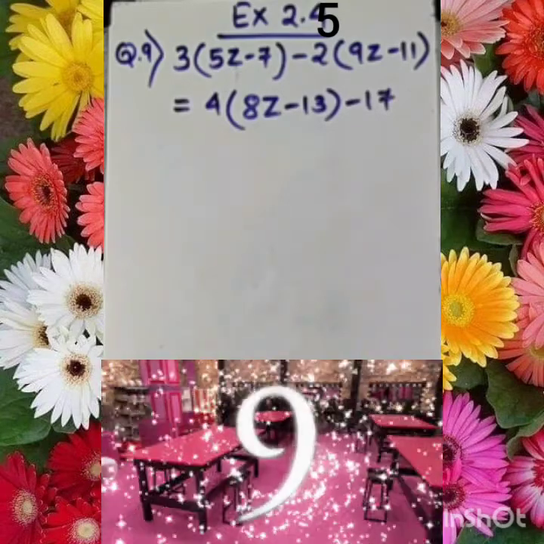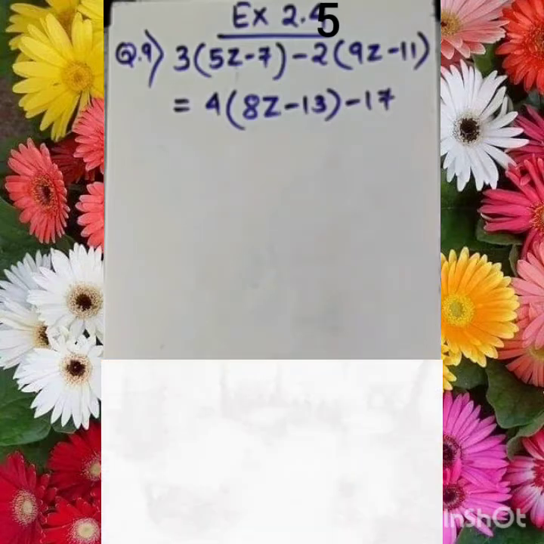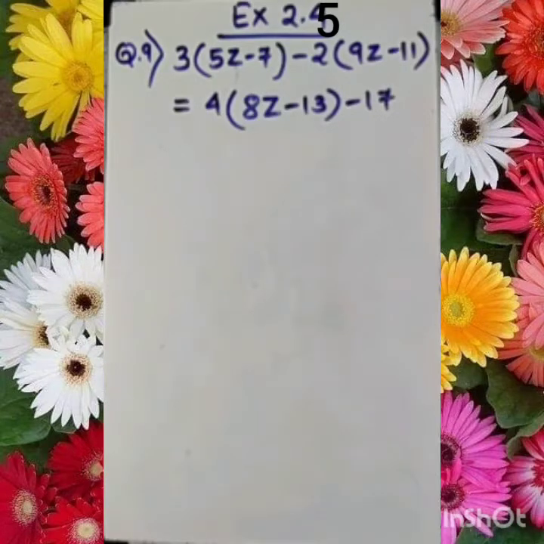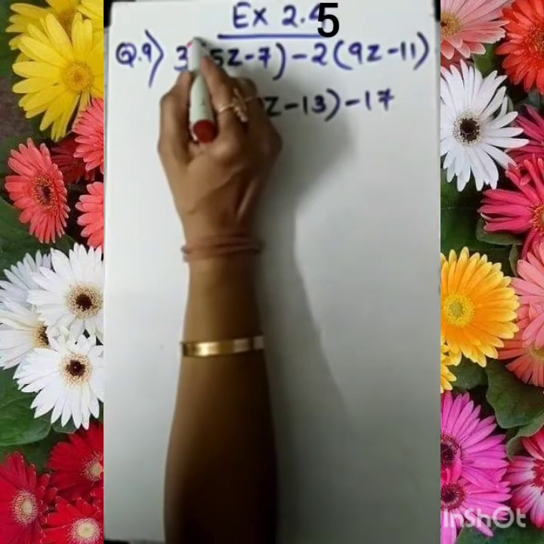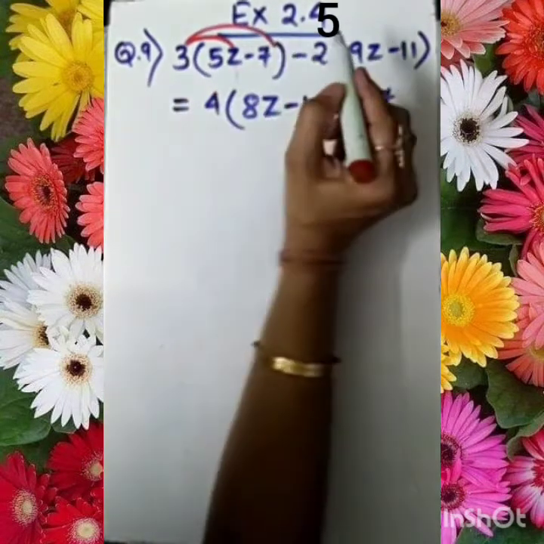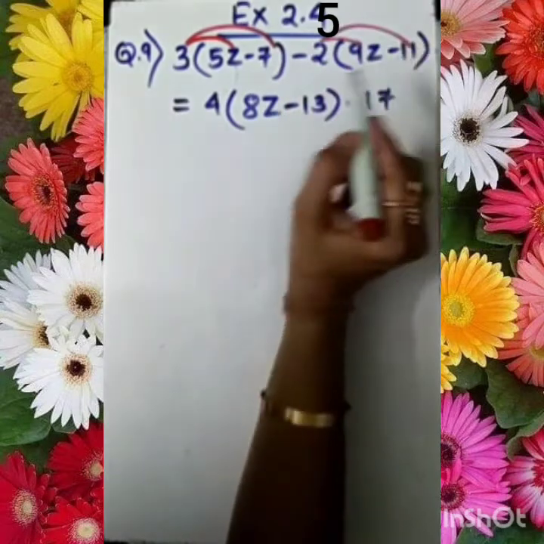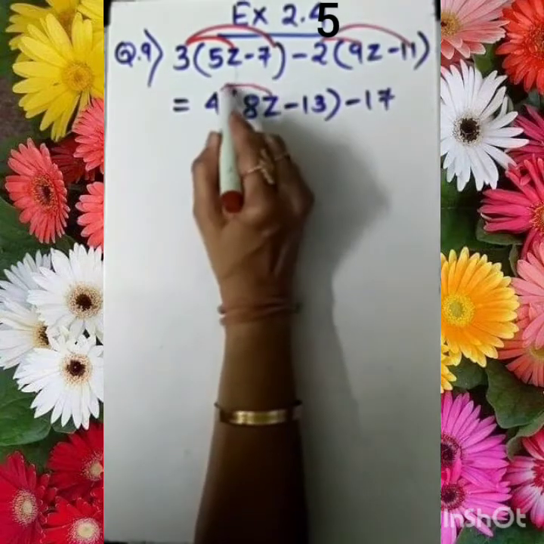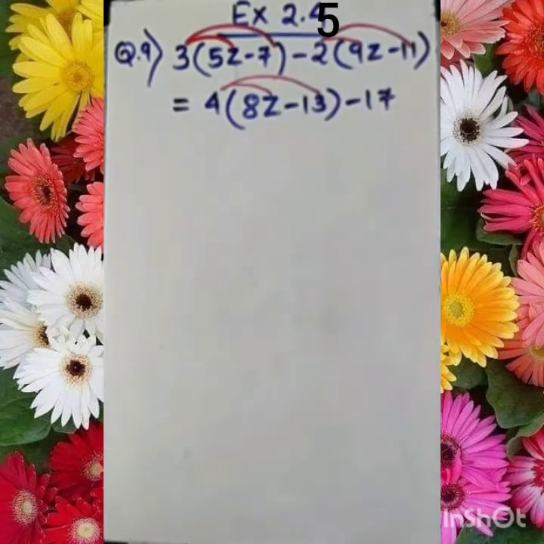This is the question. Very simple, very easy. As usual, you know dear student, we need to multiply this term with this term first, then with this, with this, like that. Okay, so let's work out and try to write it directly.